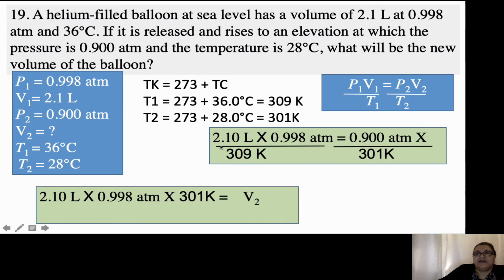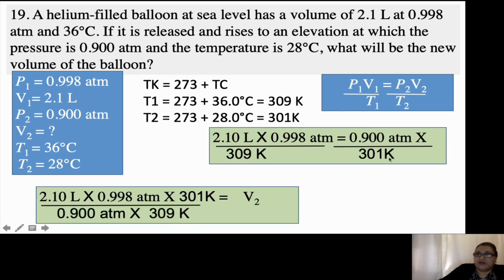Okay, so we have 2.1 P1 V1 over T1, and this is P2 V2 over T2.